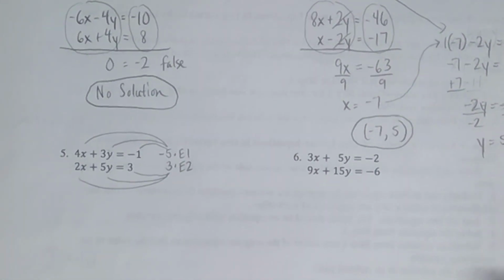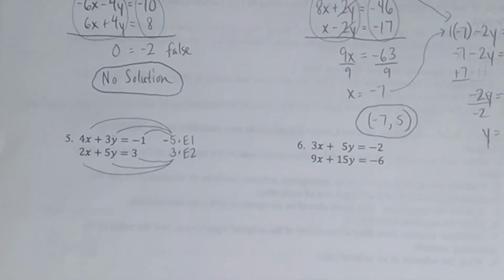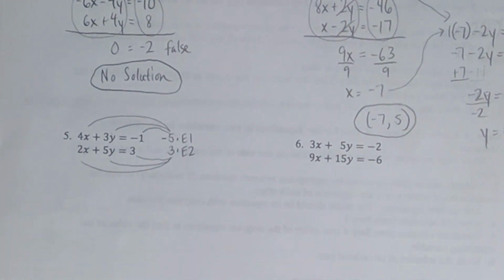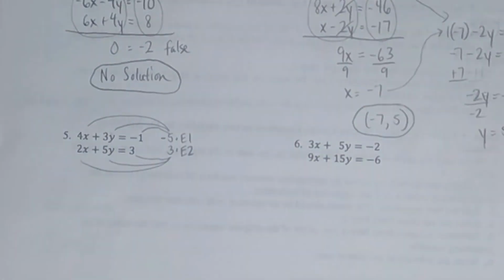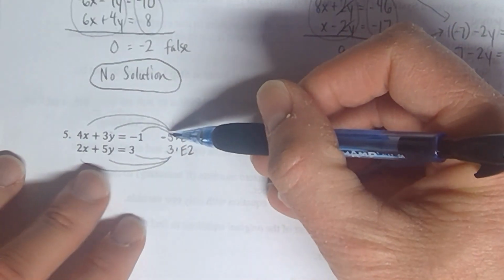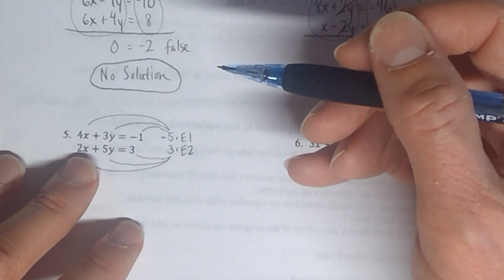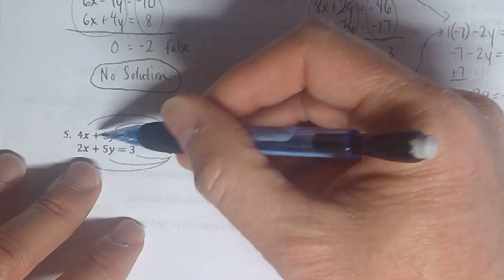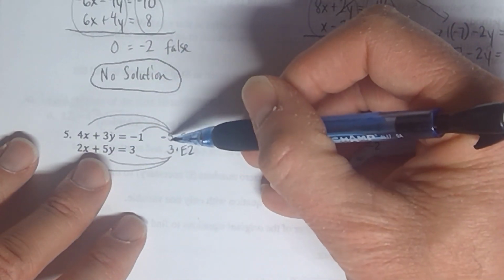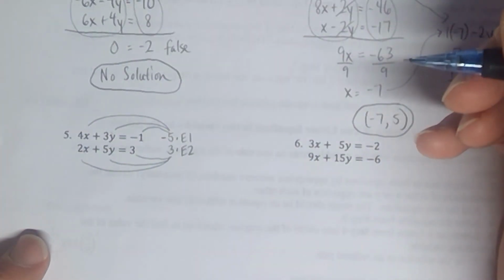There will be times in 5.2 where it'll be very much to your advantage, and there may even be some cases where it's absolutely necessary, that you know this strategy where you multiply by both equations. So again, what did we do? You could have done this with the x's as well, although it would have been unnecessary, but you flip-flop the coefficients off to the side, not in the problem, keep the problem the same, and then you change the sign of one of them. That way, it'll end up being opposite signs.